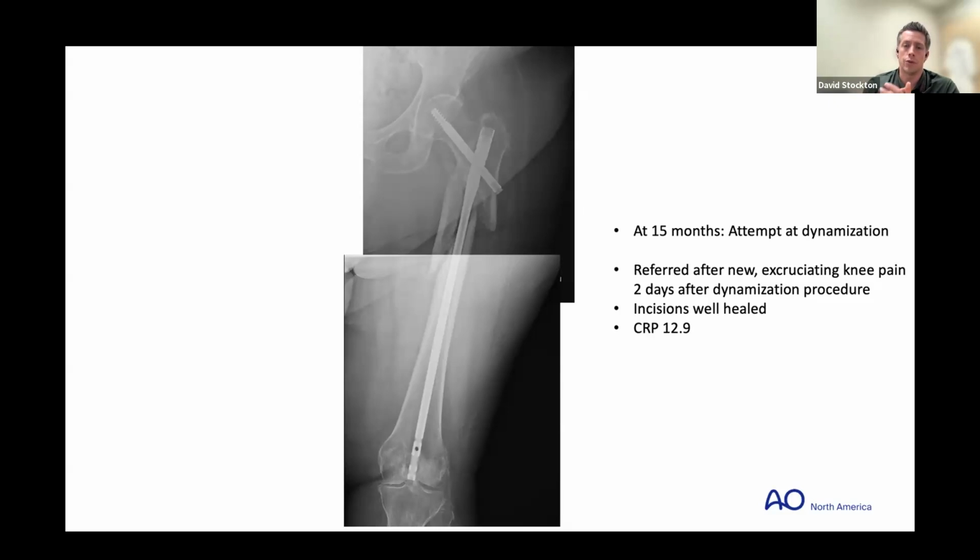So she was referred a couple of days after she started to have excruciating knee pain, after this dynamization procedure. I wasn't quite sure what to make of the CRP of 12.9. Certainly, as an inflammatory marker, she had a number of reasons why it may have been slightly elevated, but not markedly so.